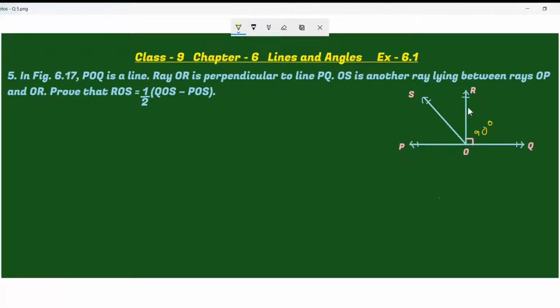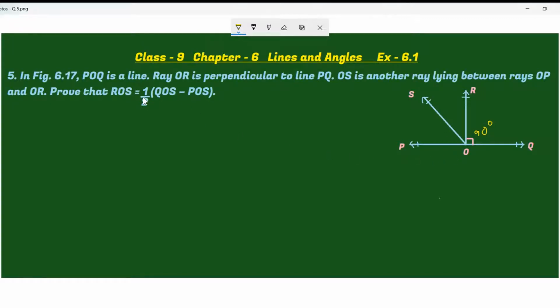So the angle formed by rays OR and OQ is a right angle, 90 degrees. And one more thing, OS lies in between two rays, OR and OP. That means OS lies in between OR and OP.